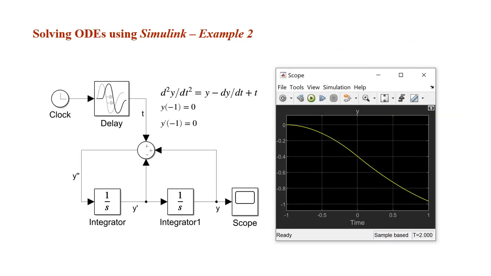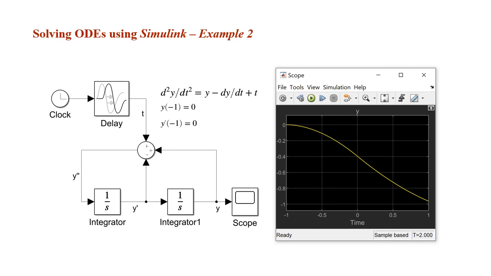Here's another example of solving ODE systems. It is the second example we did using numerical techniques along with symbolic math with the function dsolve. So we have d2y/dt2 equal to y minus dy/dt plus t, and you're given the initial conditions so that y(-1) is 0 and y'(-1) is 0.